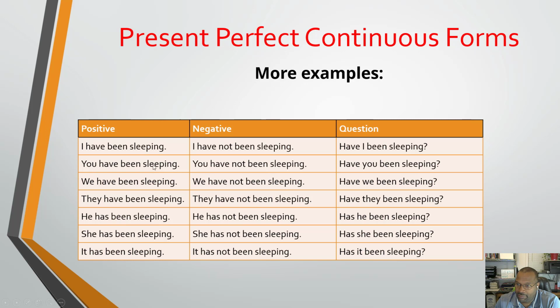You have been sleeping. Negative. You have not been sleeping. Question. Have you been sleeping? Positive. We have been sleeping. Negative. We have not been sleeping. Question. Have we been sleeping?